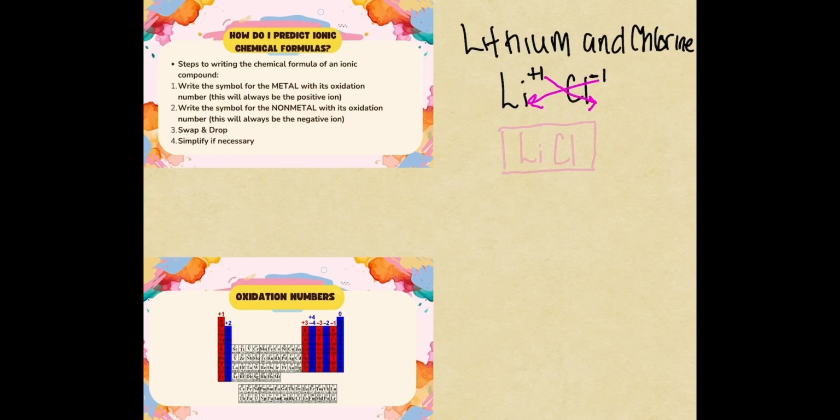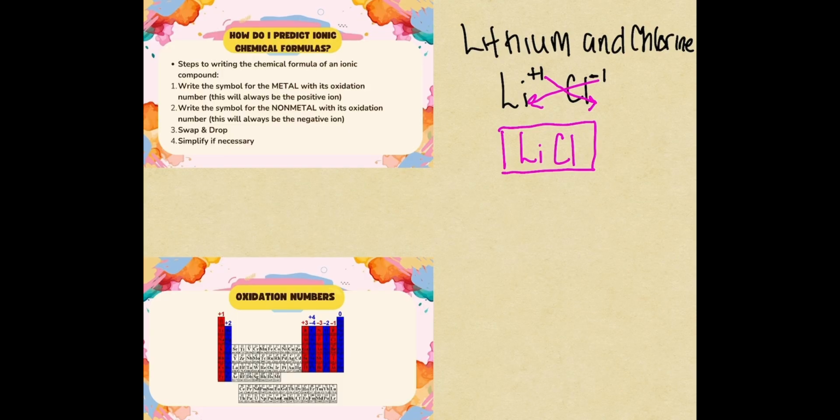So in this instance, when we rewrite our formula, I'm going to have Li and Cl. Now you will notice that because both of my oxidation numbers for lithium and chlorine were 1, I did not write them as subscripts. When you have 1, you do not have to write them as subscripts. I also want to note that when you're swapping and dropping, you do not bring the charge down. Okay? You do not bring the charge down.